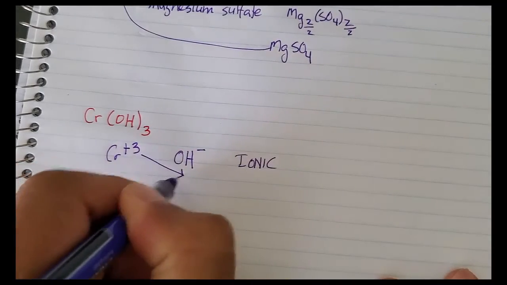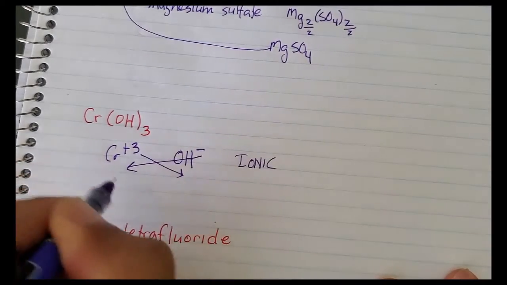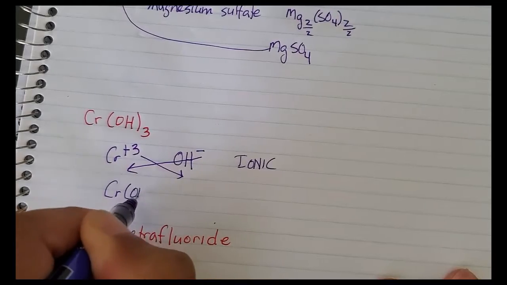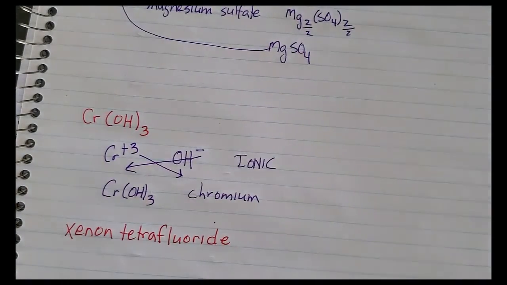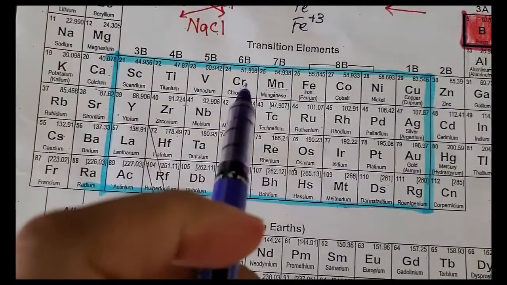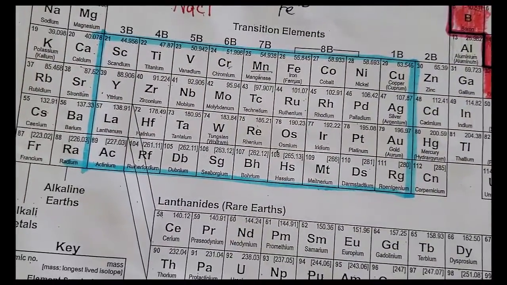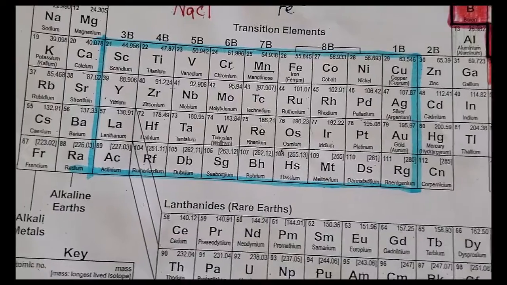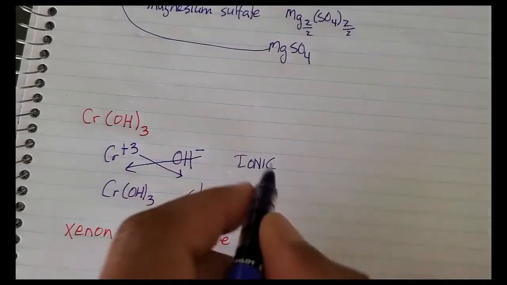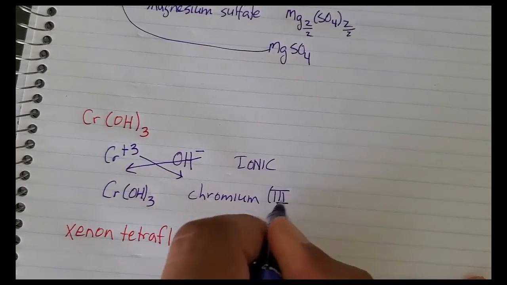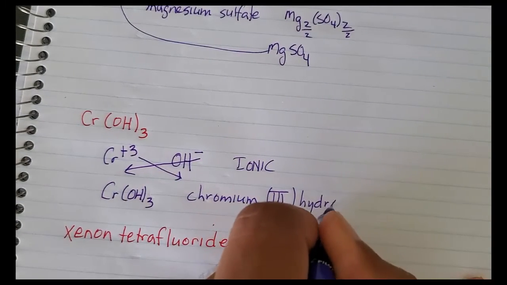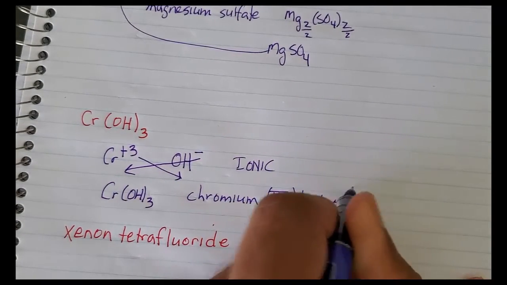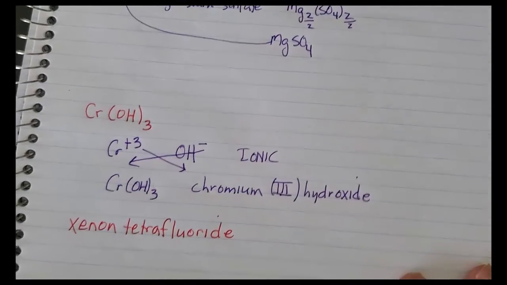So the 3 goes here, the 1 goes there. We get Cr(OH)3, and the charge is plus 3. But remember, it's in this box, so it's actually going to be designated with Roman numerals. So it's chromium(III), and remember OH is hydroxide.